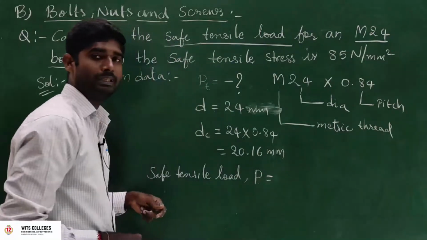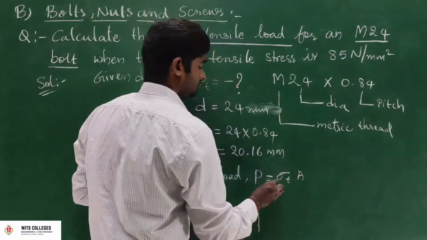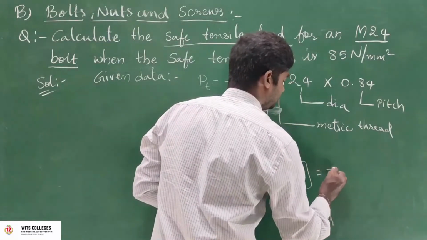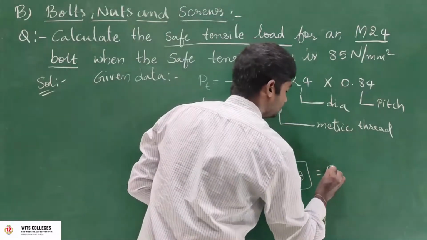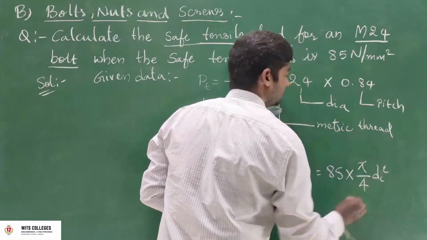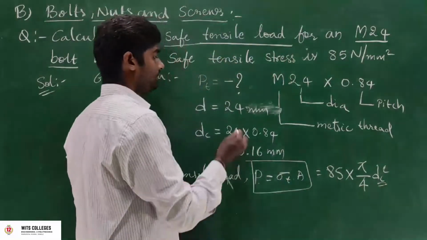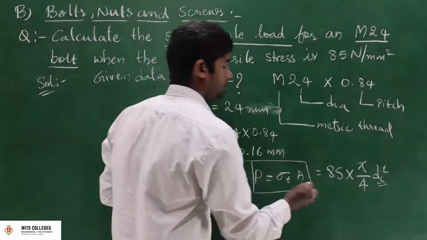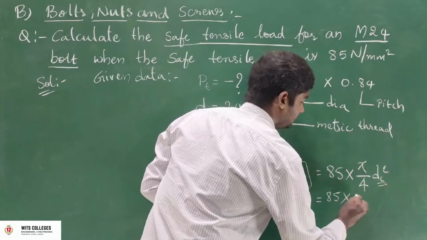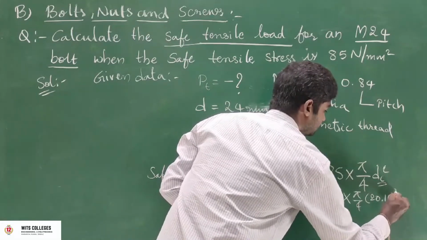P is equal to formula sigma T into A. Using this formula, sigma T is 85 into pi by 4 DC square. In the first consideration, our formula has DC, so first of all find out the DC, and after that substitute DC. 85 into pi by 4 into 20.16 square.